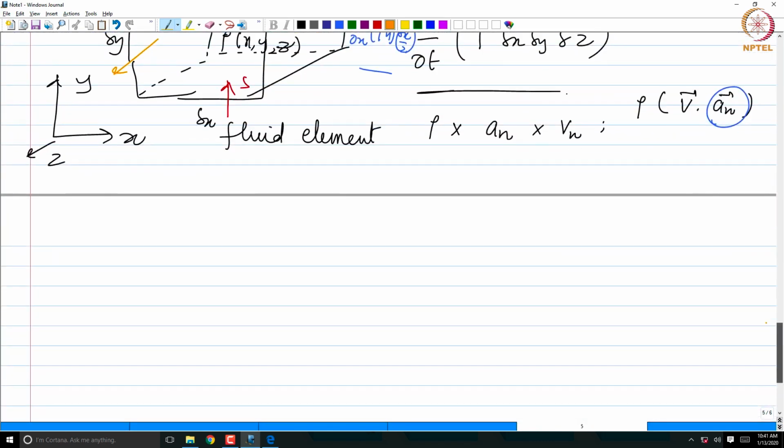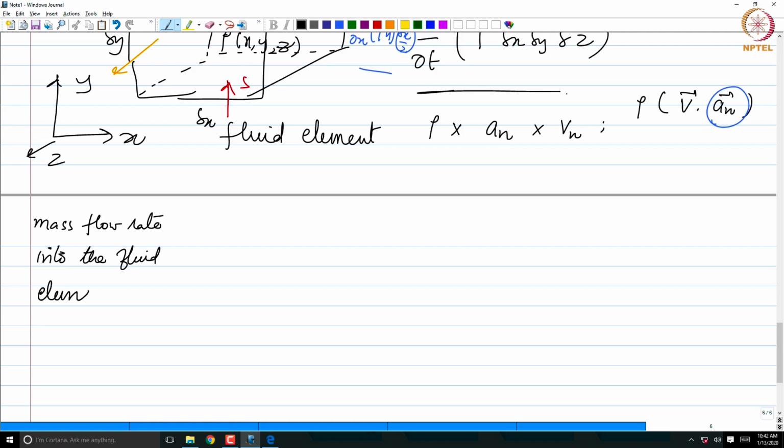Then what will be the mass flow rate into the fluid element? Whatever is flowing in, we represent with positive.